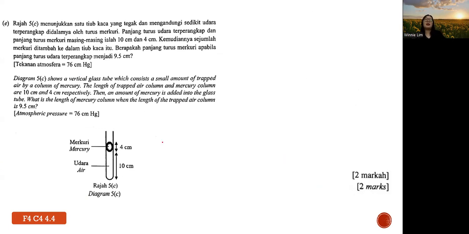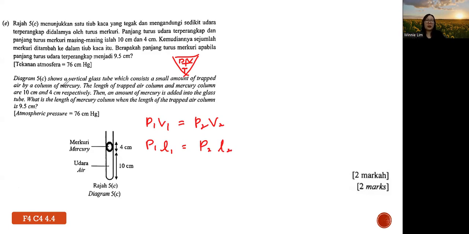Generally, we are using the Boyle's law idea. Initially, P1 V1 equals P2 V2, based on the ice cream cone idea, PV side by side, correct? But in this context, we don't use volume, we use length. So we have P1 L1 equals P2 L2.